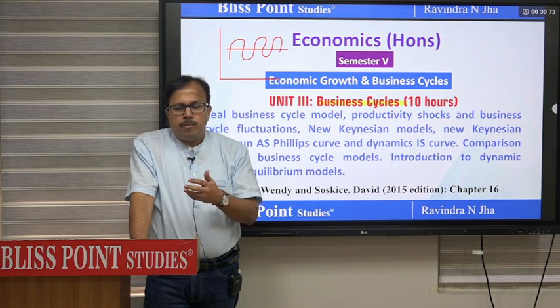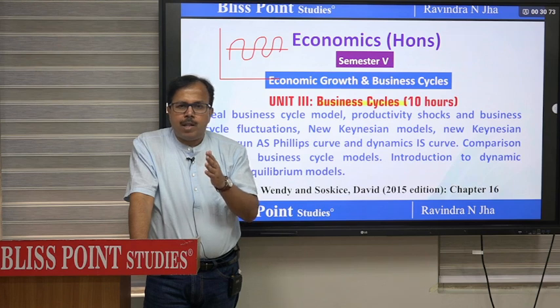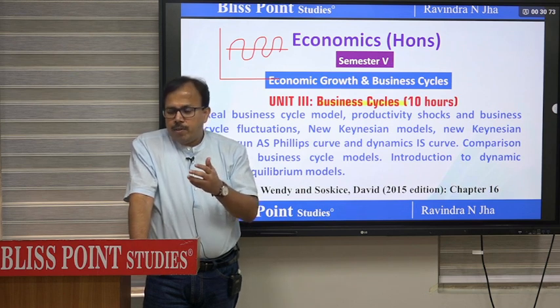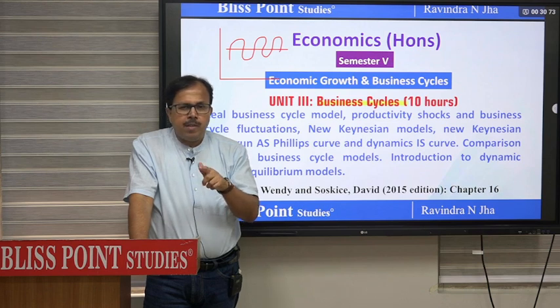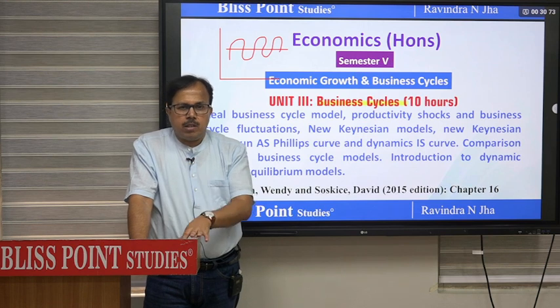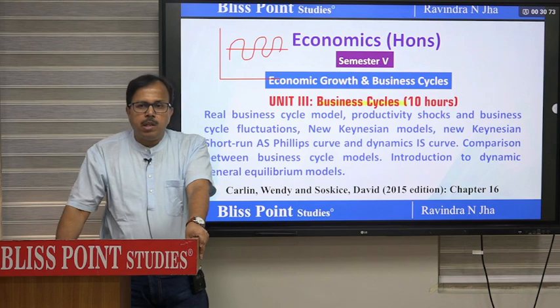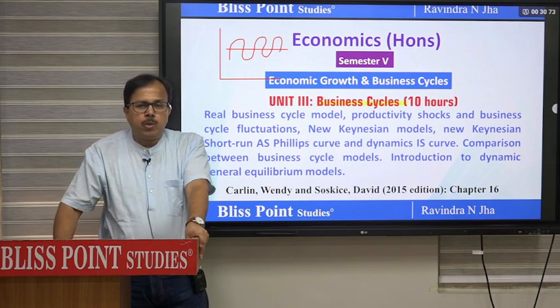But if you recall the classical concept, it assumes that output is always at the full employment level. If output is always at the full employment level, that means it is not fluctuating. But when we explain the business cycle, it means output is fluctuating. So the neoclassical economists provided the logic that output can fluctuate, output can change, because the real factor which determines the output is also changing.